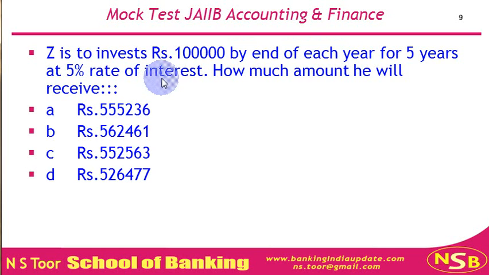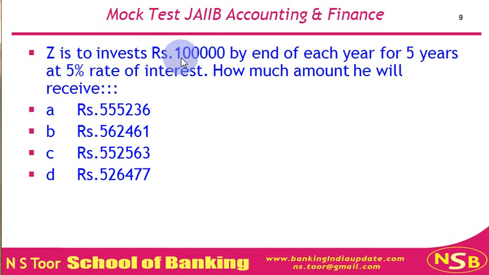We have to make a calculation. So this particular question relates to annuity, ordinary annuity. And in case of ordinary annuity, we have to find the future value. The present value is partly given here.